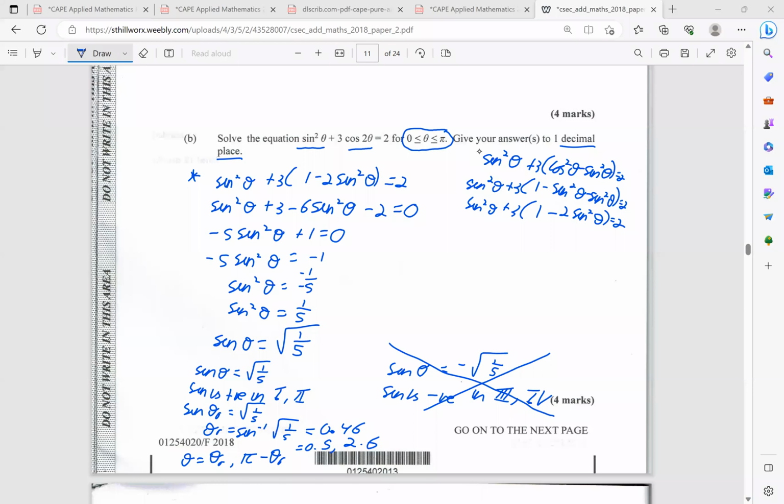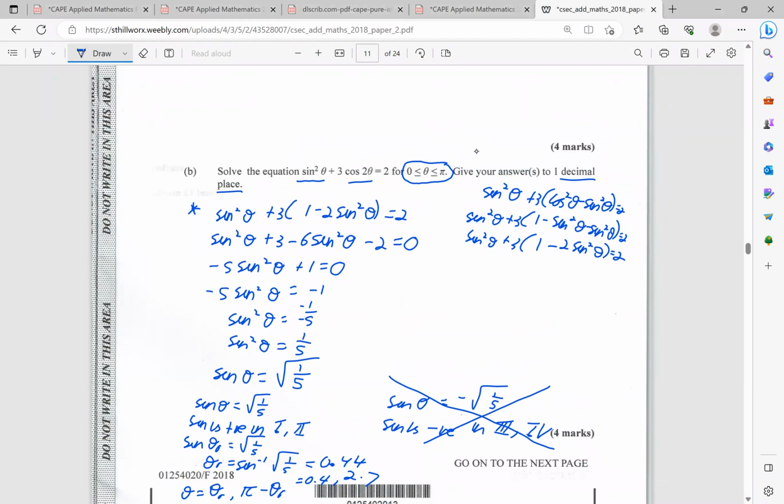So you're getting 0.44. All right, cool. So I got 0.44, that's fine. So 0.4, and we ignore the negative because the range that they gave you is between 0 and pi.